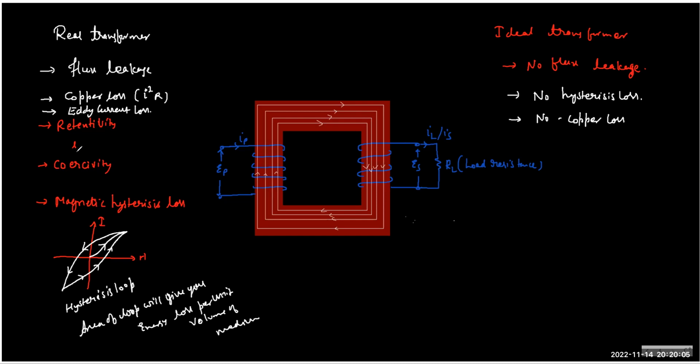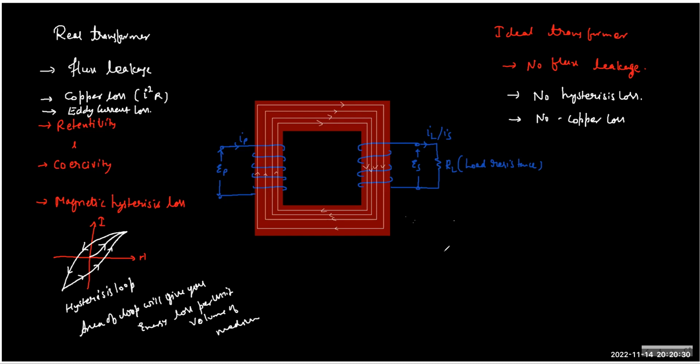So it will never let the current move over the surface. You break the surface with some electrical insulation, so that loss can be minimized to a greater extent. So these are the losses that you need to know between the real and ideal transformer.